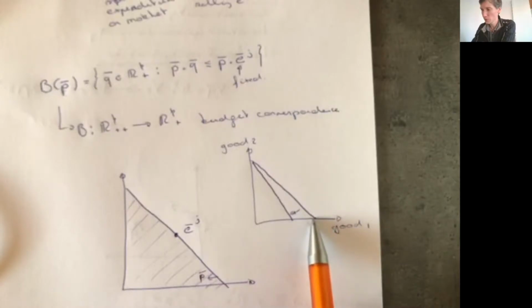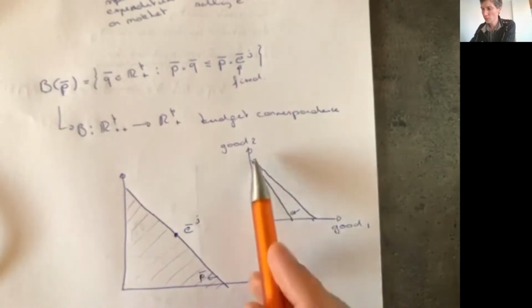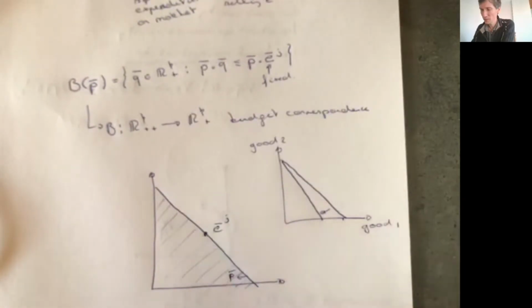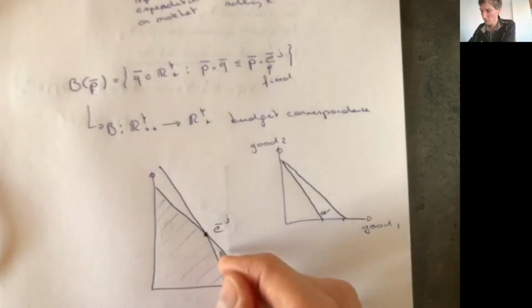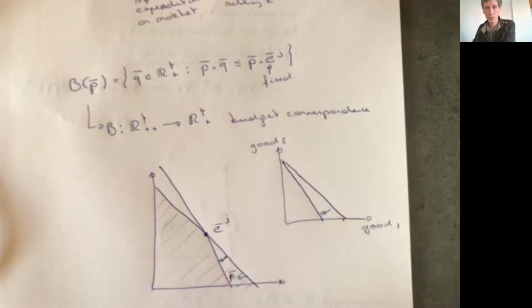Good 1 becomes more expensive, so you can buy less of good 1, but you can still buy the same amount of good 2. Here, if you have a model with an endowment, this is no longer the case. If the price of good 1 increases, you will also rotate this budget line, but now you will rotate it through this endowment, right? Because you can always buy your endowment, so your endowment should always be on the budget line. So you get a rotation through the endowment.